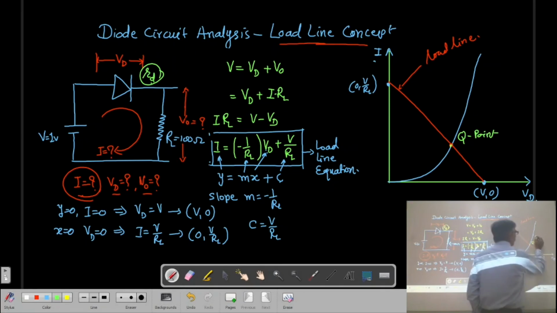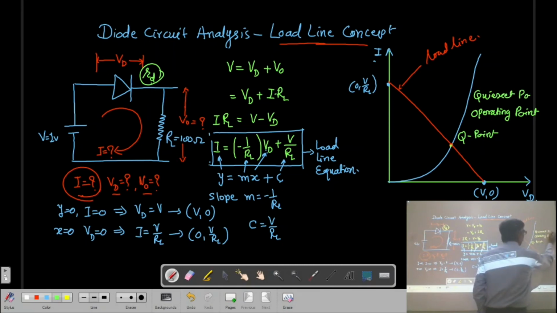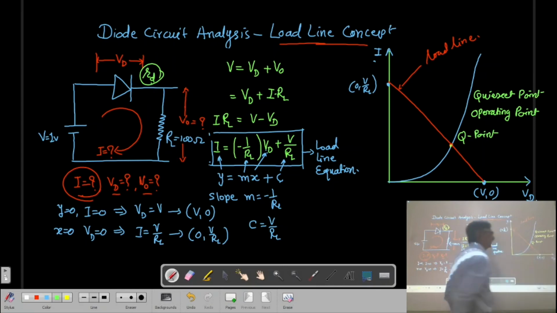The Q point is also known as the operating point, or the quiescent point. Remember, this Q point is very important for this analysis.